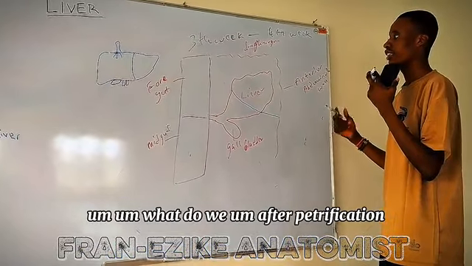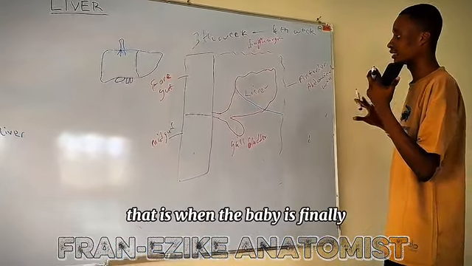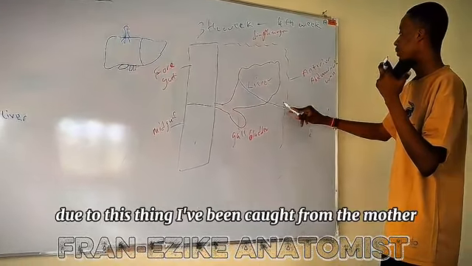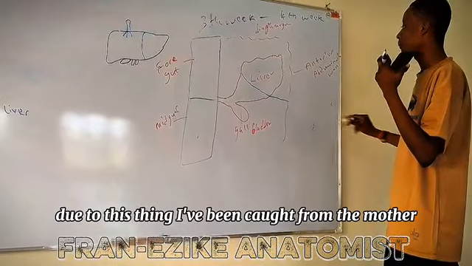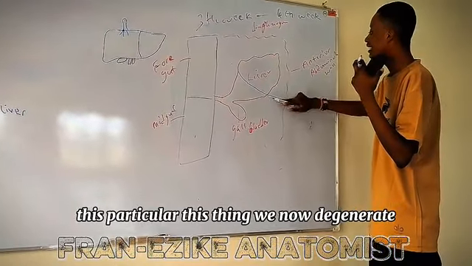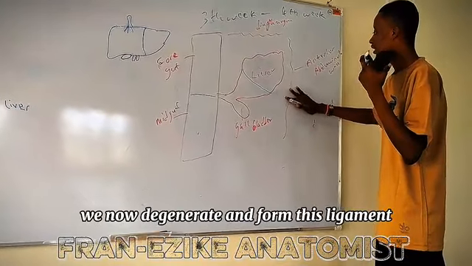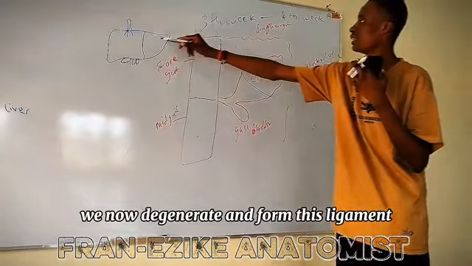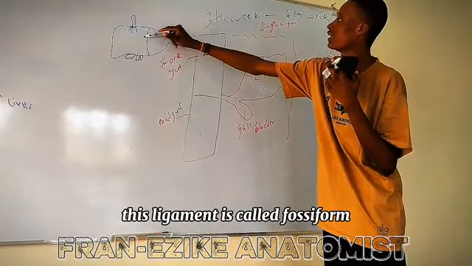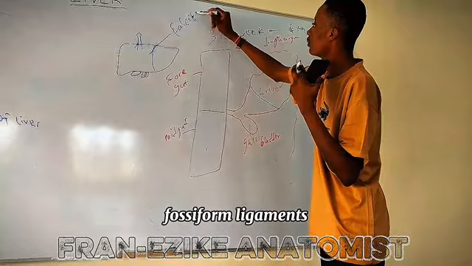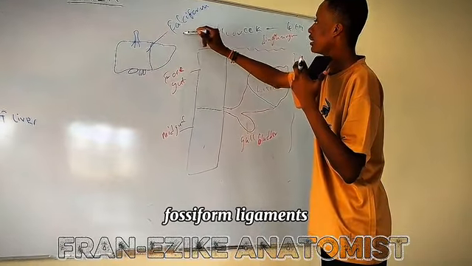After parturition, that is when the baby is finally expelled from the uterus, this vein has been cut from the mother, and this particular thing will now degenerate and form this ligament. This ligament is called the falciform ligament.